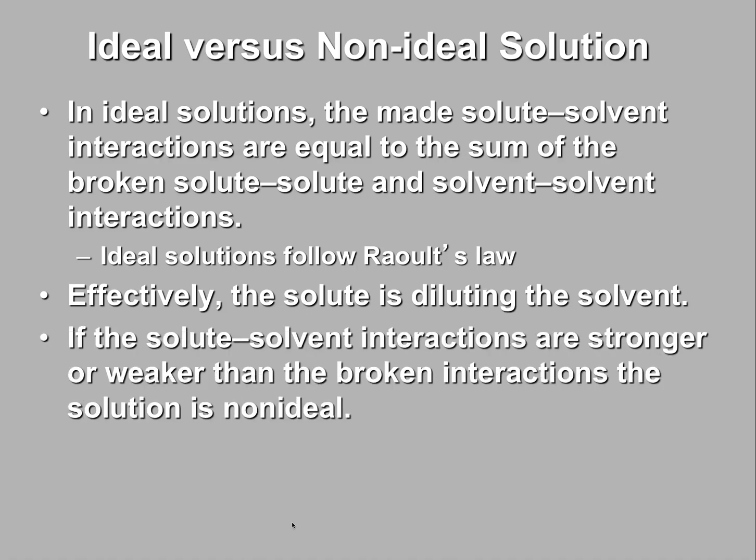If the solute and solvent interactions are stronger or weaker than the individual interactions of solute and solvent, then your solution is non-ideal, which again gives us the positive and negative deviations from Raoult's law. Questions on the difference here between ideal versus non-ideal?